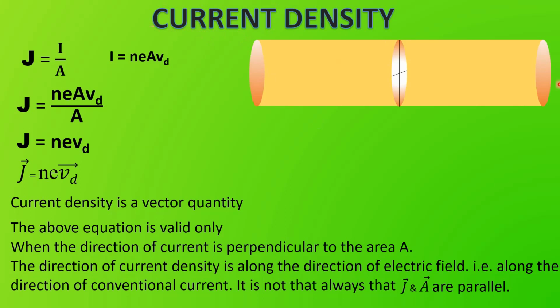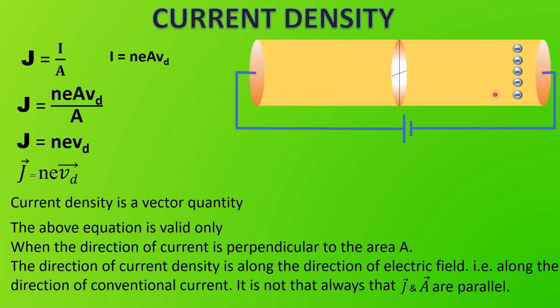Suppose you have a conductor and you consider a particular area at this point, and what is the direction of flow of electrons through this considered area? If a current is flowing through the conductor, the charges are transferred from one side of the area to the other side.